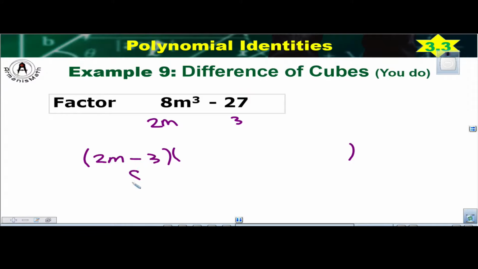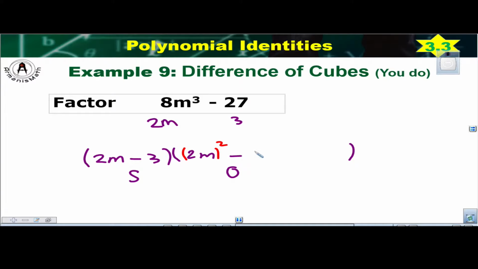I'm using SOAP, S for SOAP. And then I have 2m quantity squared. So be careful with this, because this is 2m quantity squared, not just the 2 being squared. And then I'm going to use opposite.